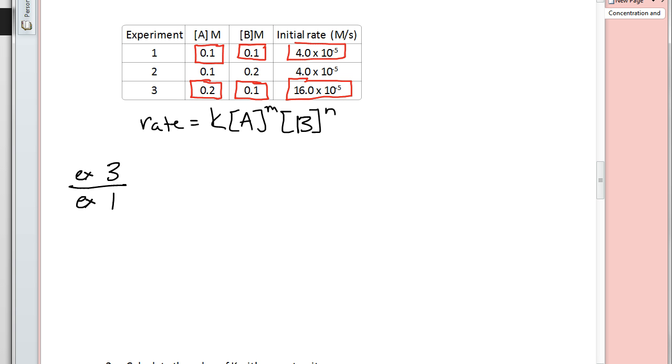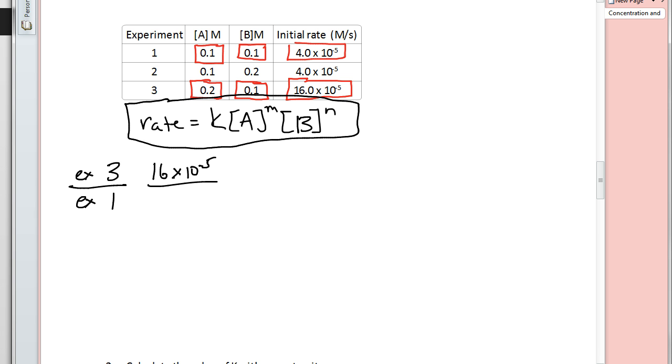So again, I'm going to use my rate law to plug values in. For experiment 3, 16 times 10 to the negative 5th is the rate over 4 times 10 to the negative 5th.